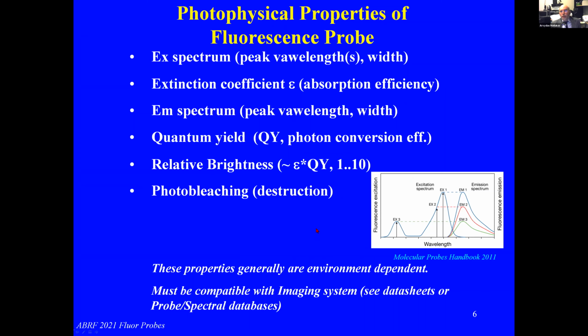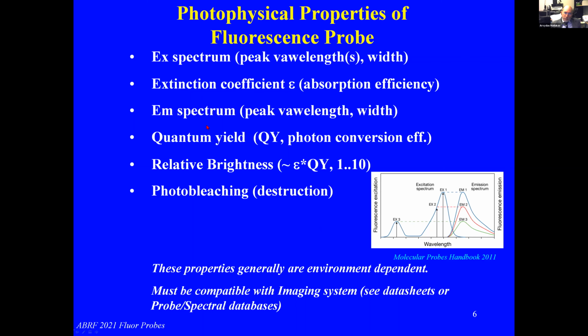Specifically, when looking at a fluorescent probe, we should pay attention to the following properties. Excitation spectrum, which can be quantified by peak wavelength and width. Extinction coefficient, which shows absorption efficiency.